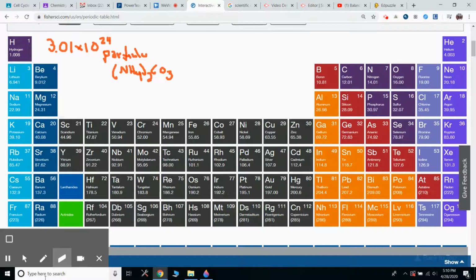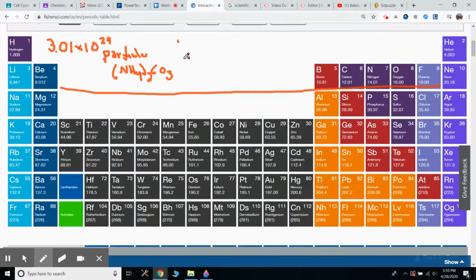So let me erase this and draw my ladder. Of course, this is going to be over 1. Now, since the particles are in the numerator, I know I want particles here in the denominator. And remember, you can't go from particles directly to grams. First, you have to go to moles. And these are moles of our ammonium carbonate.